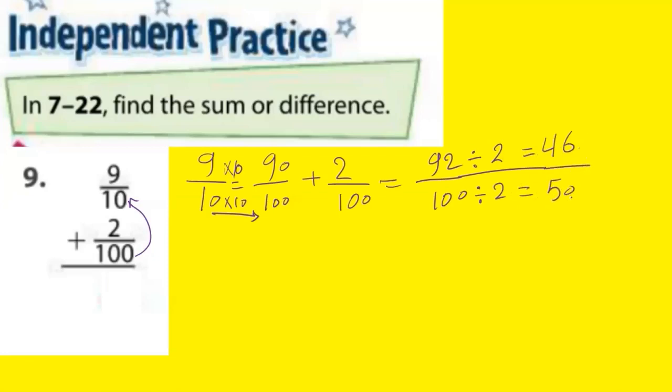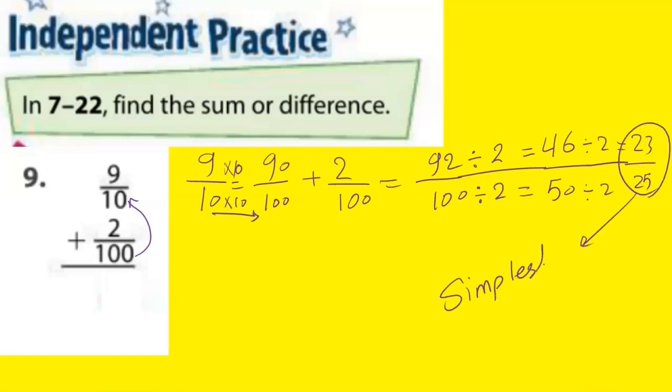Okay, 46 over 50 will be divided by 2 to get the simplest form. Complete dividing by 2 here. It will be 23, and here 25. I think this is the simplest form of the answer. 23 over 25.